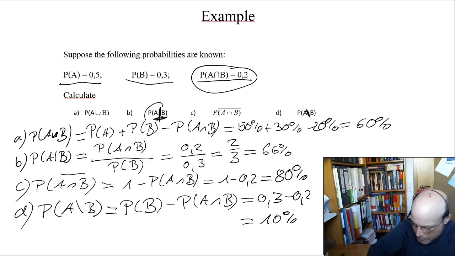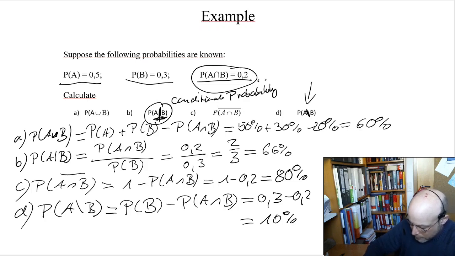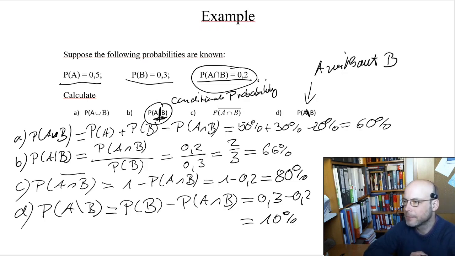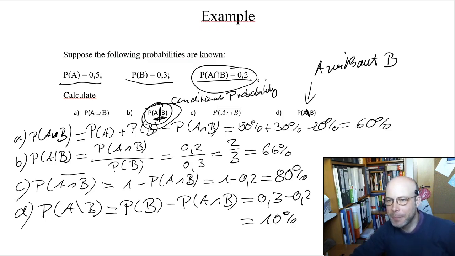So this is the conditional probability, and this is A without B. So it is not a mistake. Maybe it is also a bit small that you couldn't really see it. So no problem, of course.